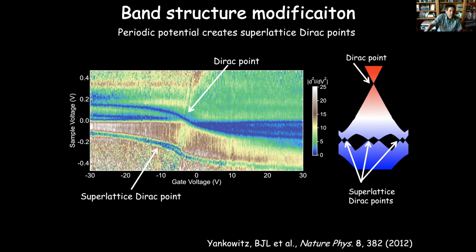This is coming from this periodic potential, from the superlattice created by this long wavelength potential that is modifying the graphene density of states and creating a whole new set of superlattice Dirac points, in this case about 300 millielectron volts below the Dirac point. This is one for, I think it was a 9 nanometer Moiré pattern.